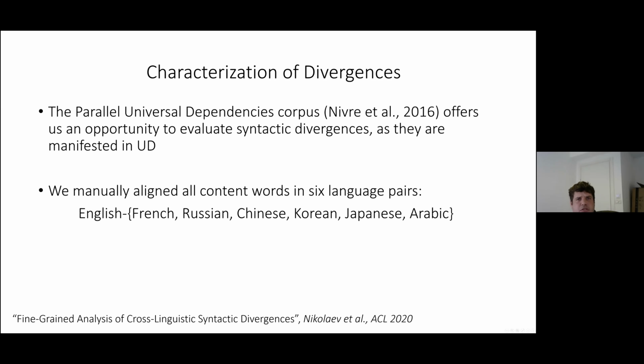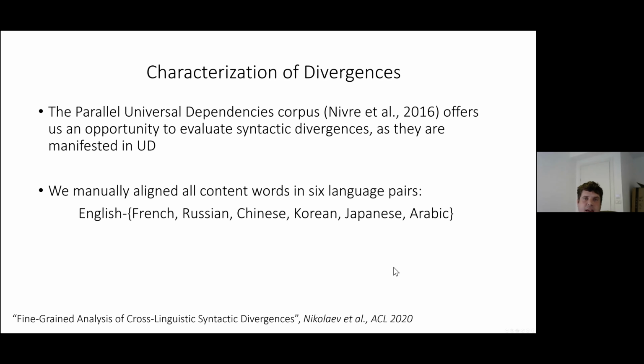For that, we use the parallel universal dependencies corpus, which is a multiply parallel corpus with UD annotation, and we manually align the content words over 6 language pairs, so English versus French, Russian, Chinese, Korean, Japanese, and Arabic.